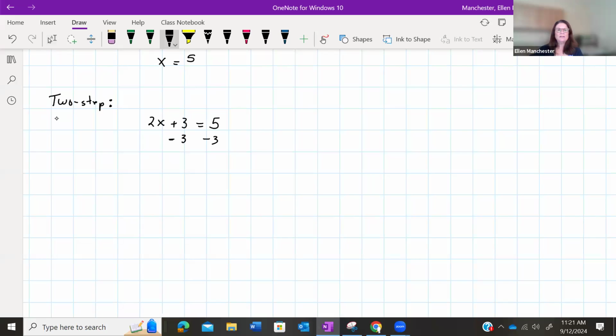So I'm subtracting 3 from both sides. That cancels it. I end up with 2x equals 2. So this is my first step. And then my second step, I'm back to my one-step equation. It's showing multiplication. I'm going to divide.